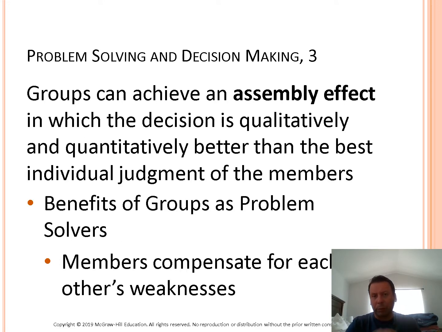Now, groups can achieve an assembly effect in which the decision is qualitatively and quantitatively better than the best individual judgment of members. Now, let's understand what qualitative and quantitative means. A lot of you are going to start hearing these two terms as you move on in your academic career, depending on what major you're going to choose, what classes you're going to take.